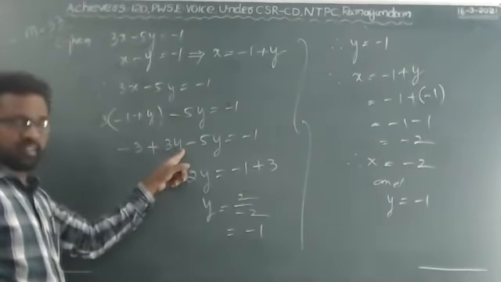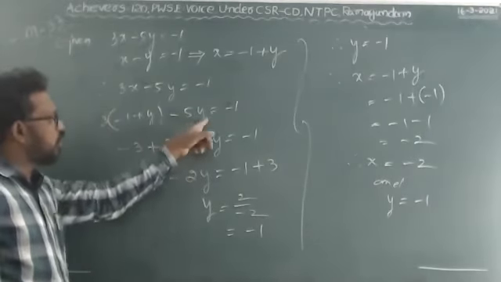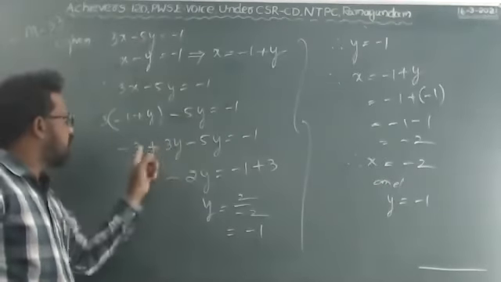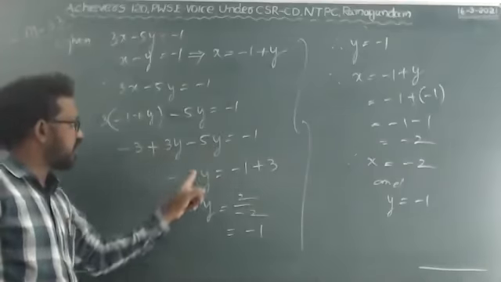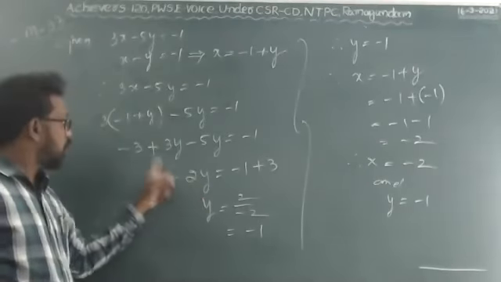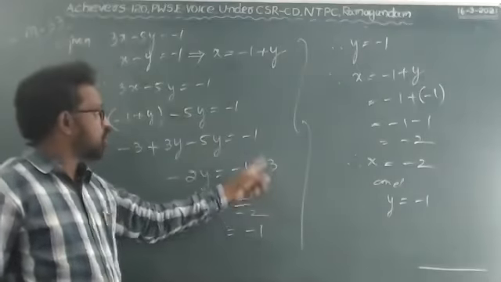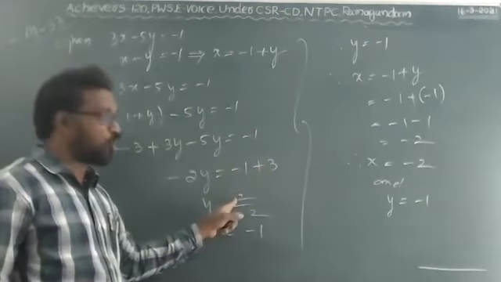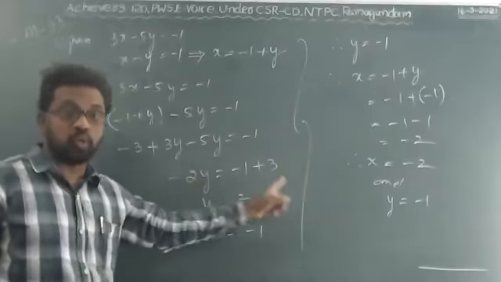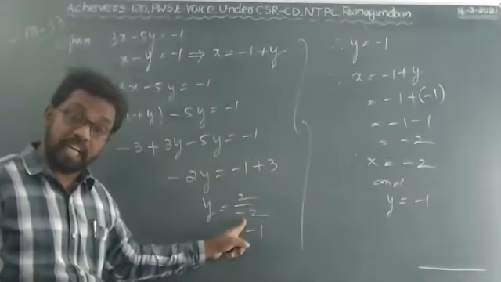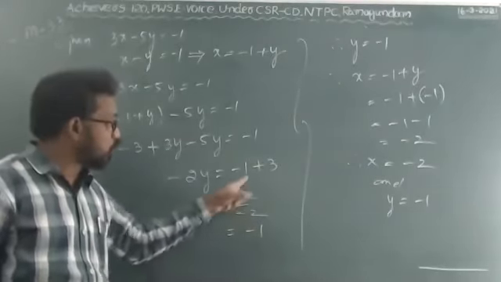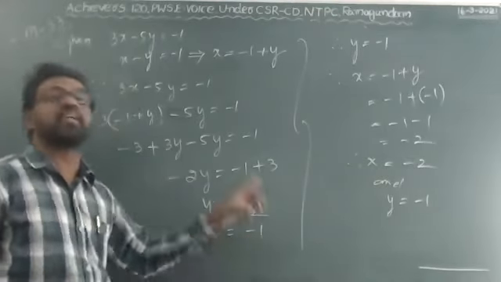Minus 3y minus 5y is minus 8y, children. Send the 3 to this side, it becomes minus 3. So minus 1 minus 3, how much? Minus 4. Minus 8 goes to the denominator. Minus 4 by minus 8 is one half.